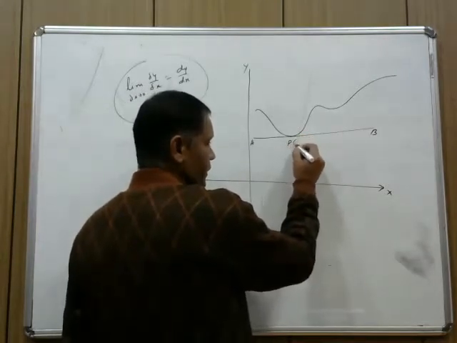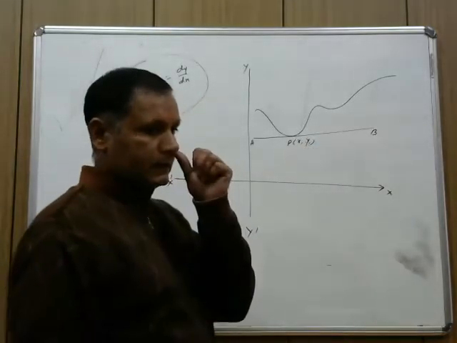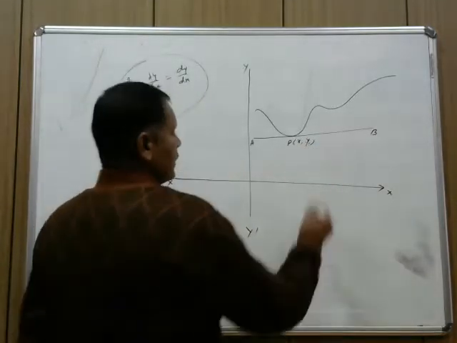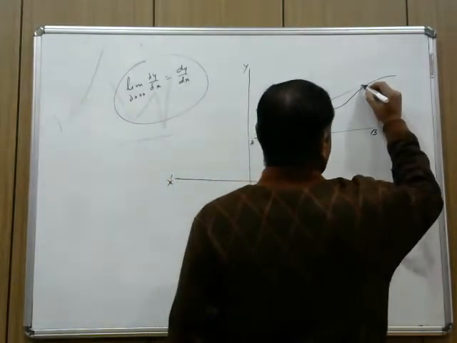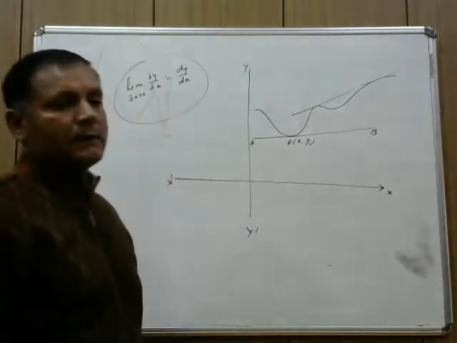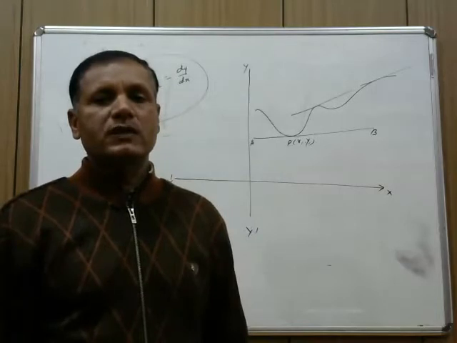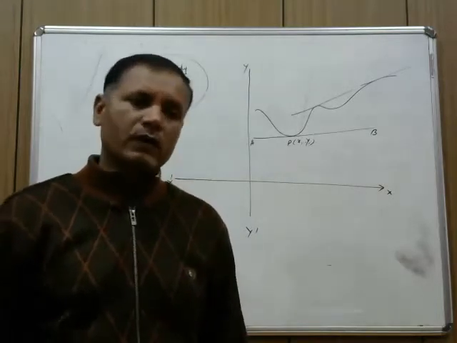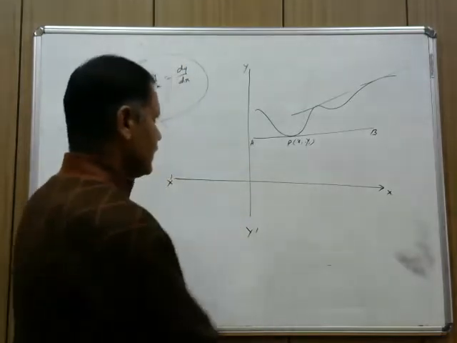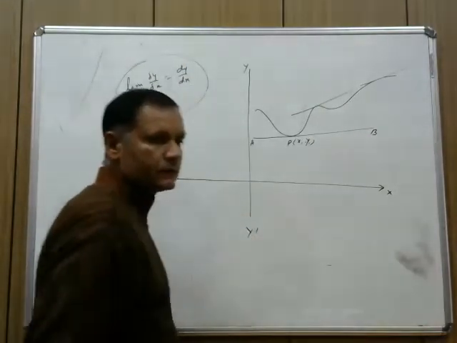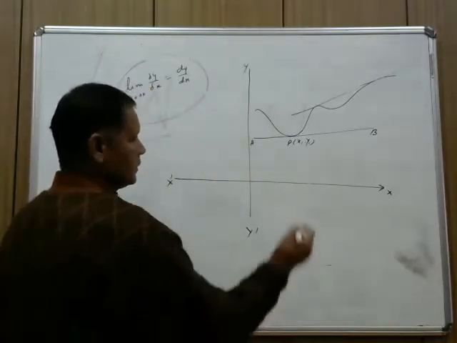Let this point be P having coordinates x1, y1. I can draw the tangent over here also, and here also. That means tangent is a line which touches the curve at one and only one point. That line is called tangent.